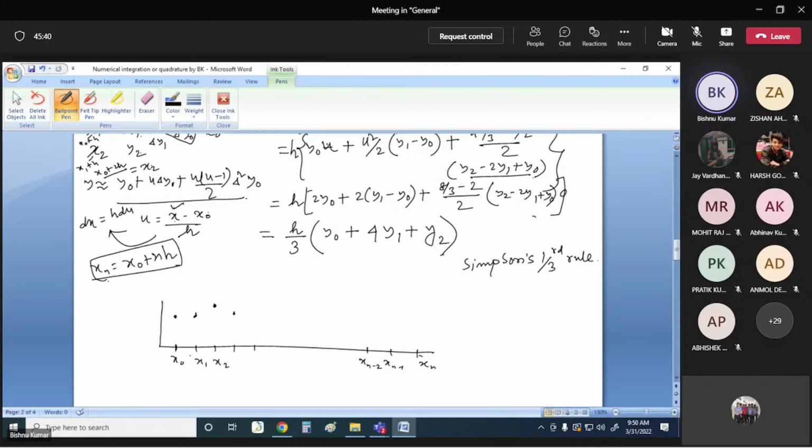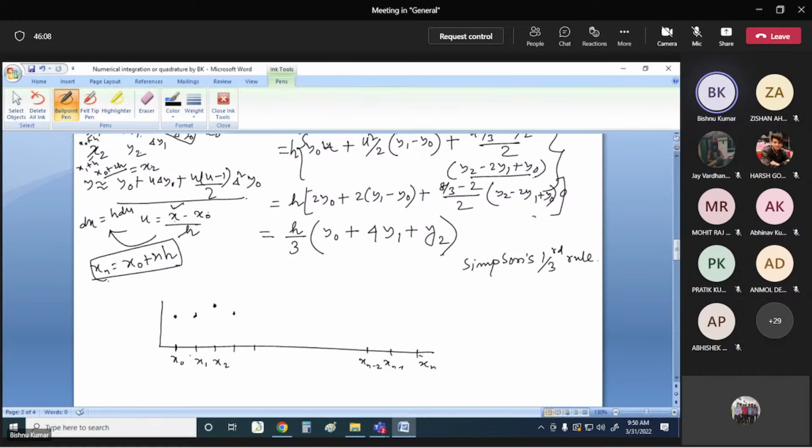Suppose x0 to xn, and you have to use Simpson one-third rule. Then this is exactly equal to the integral of y dx from x0 to x2, plus x2 to x4, where in between there is a point x1 in x0 to x2, and a point x3 in x2 to x4, like that.